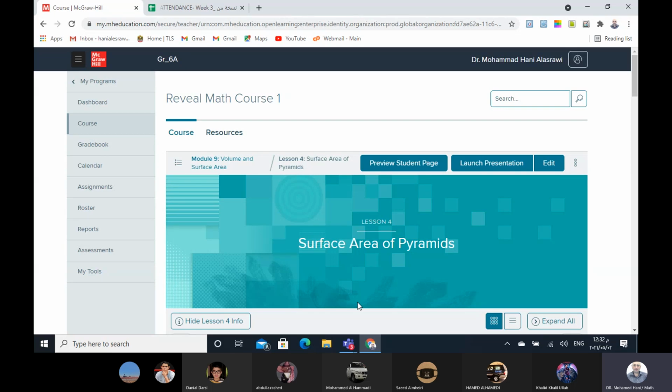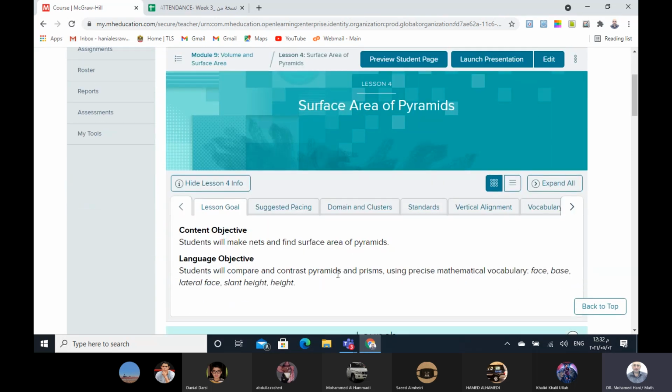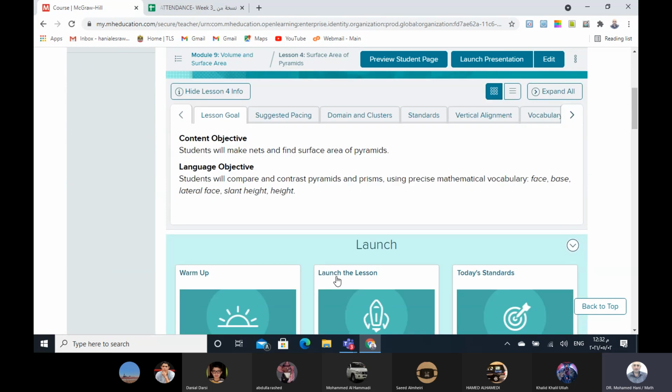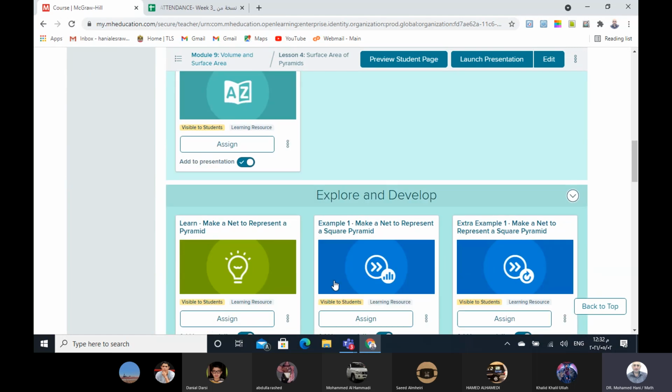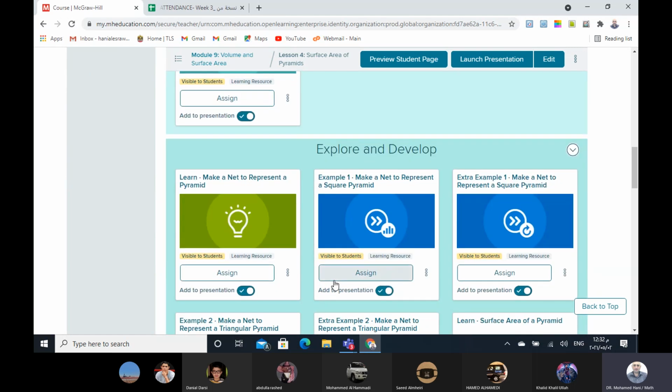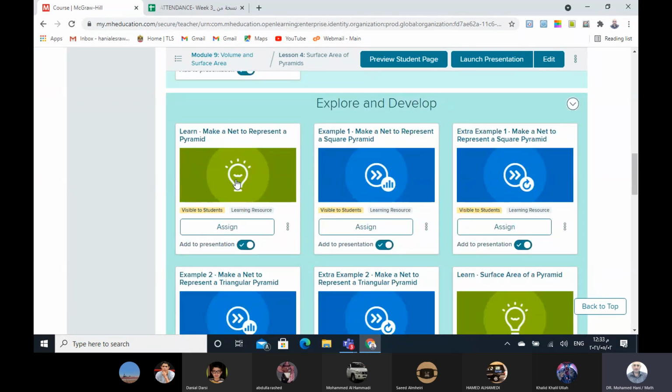Math, grade 6. We are in module 9, volume and surface area. Today we have lesson 4, surface area of pyramids. In this lesson, we want to learn how to make nets and find the surface area of the pyramids. At first, how to make a net to represent the pyramid.